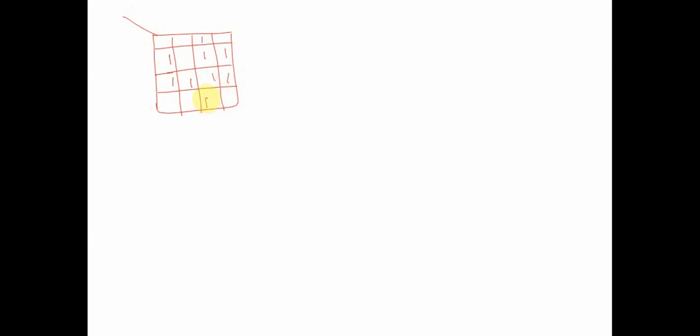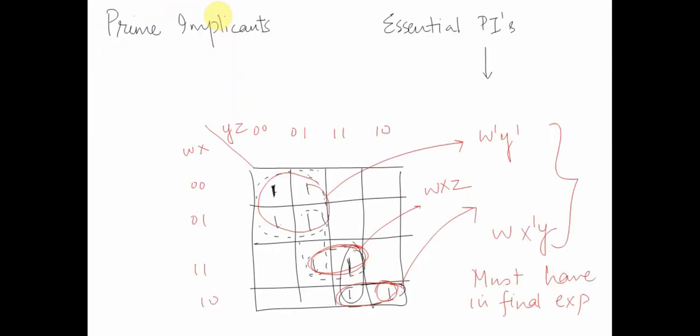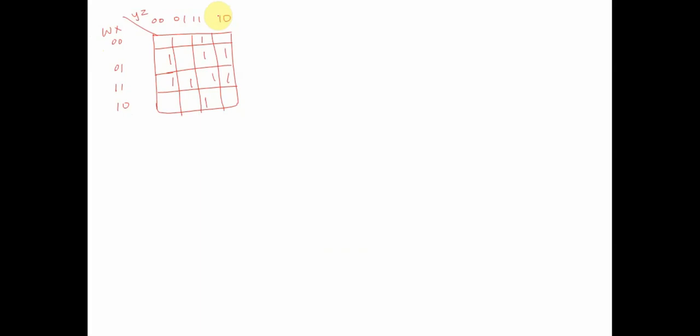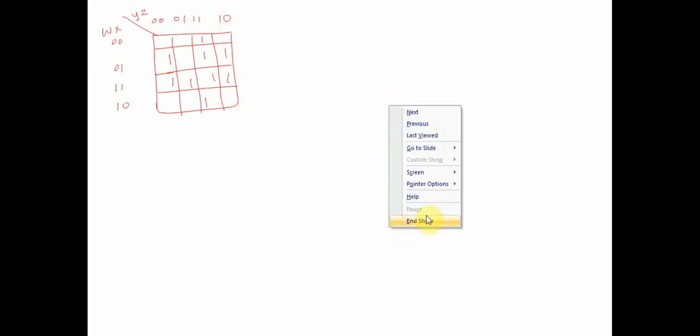Let's figure out the essential prime implicants over here, right? Just for the sake of nomenclature, wx, yz, 0 0, 0 1, 1 1, 1 0, and 0 0, 0 1, 1 1, 1 0. Correct? And what we will do over here is find the essential prime implicants. Correct?